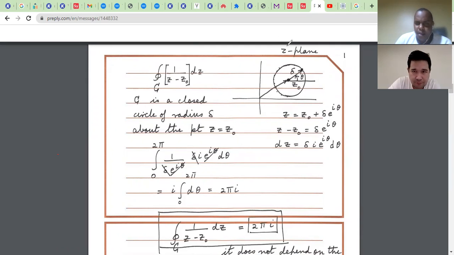If it's a closed circle, then we can integrate from 0 to 2 pi, with 1 divided by delta e to the i theta.